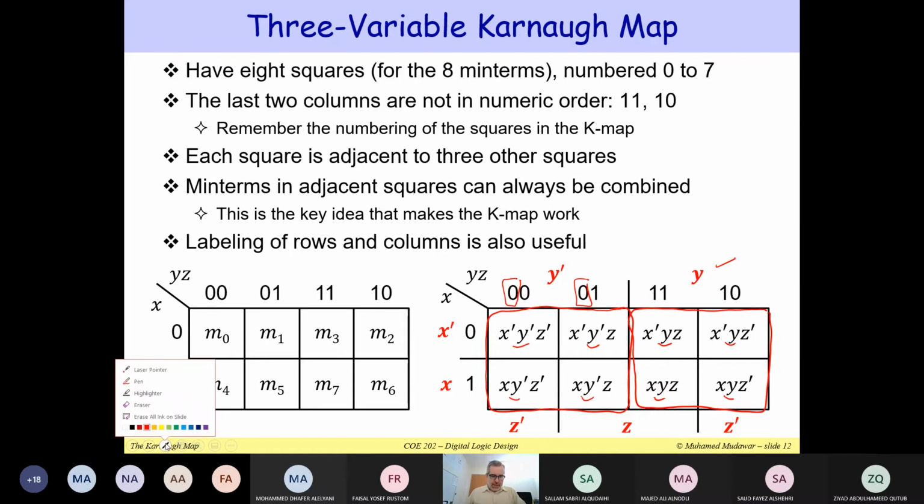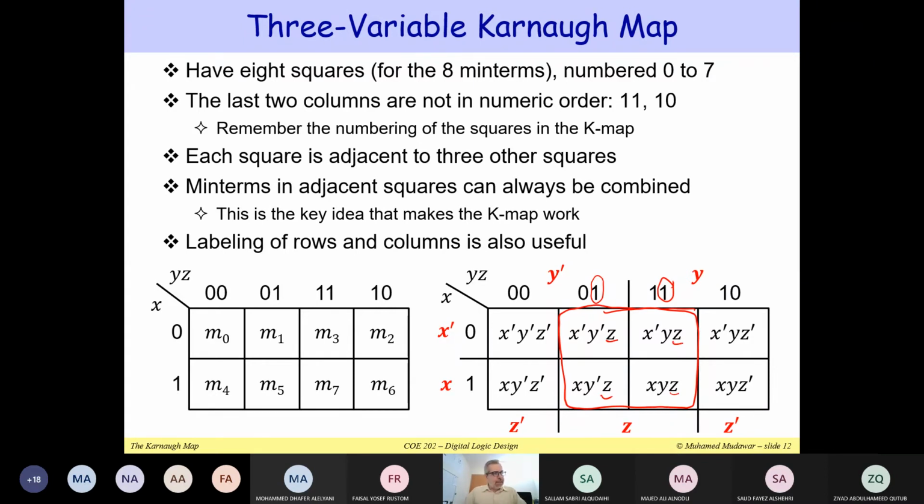Let me erase this again. If you combine these four in the middle, notice that the value of z is equal to 1 here. We have z, z, z, and z. So z is common, and using the distributive property, x and y vary. You can have x prime, x, y prime, y, but eventually we get z.